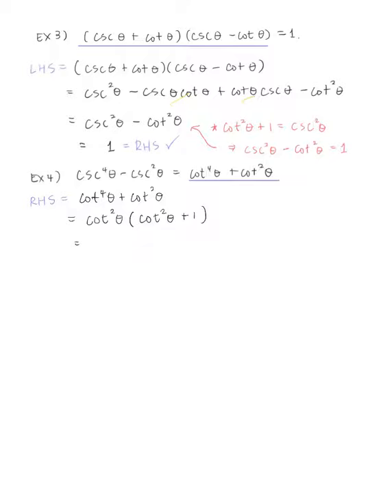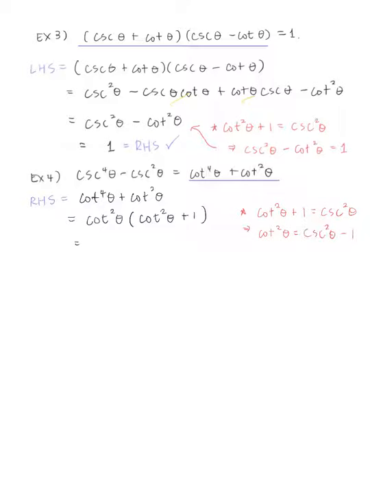Cotangent square of theta plus 1, I believe that's going to be what? Cosecant square of theta. But let me just write down everything. So note that cotangent square of theta plus 1 equals cosecant square of theta, and that implies that cotangent square of theta is the same thing as cosecant square of theta minus 1.